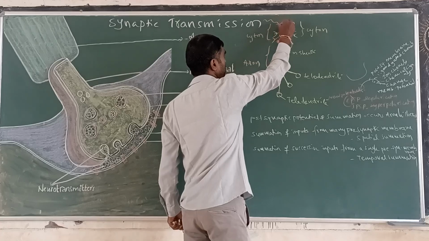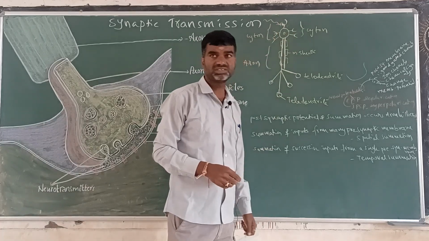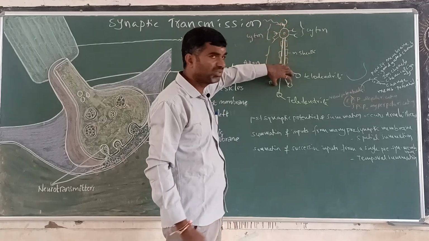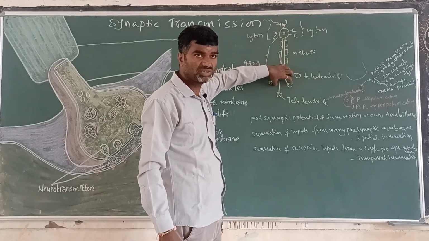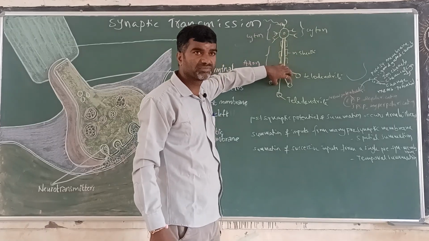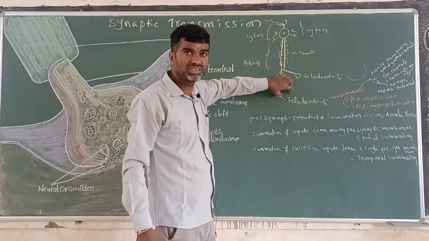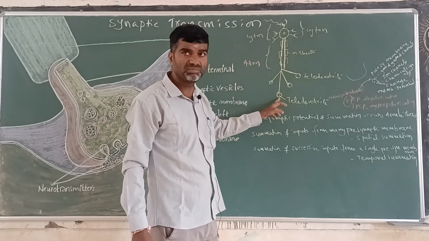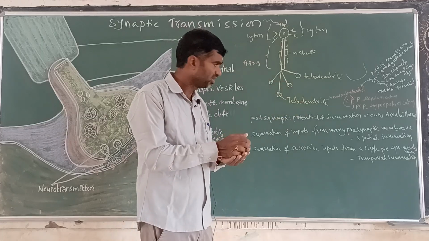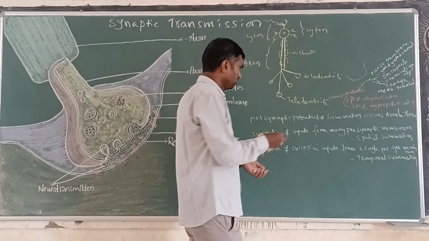From the cyton to the axon part, the messages are transported through the axon region. The end region is called the terminal end, with bulb-like structures, called the telodendrites.